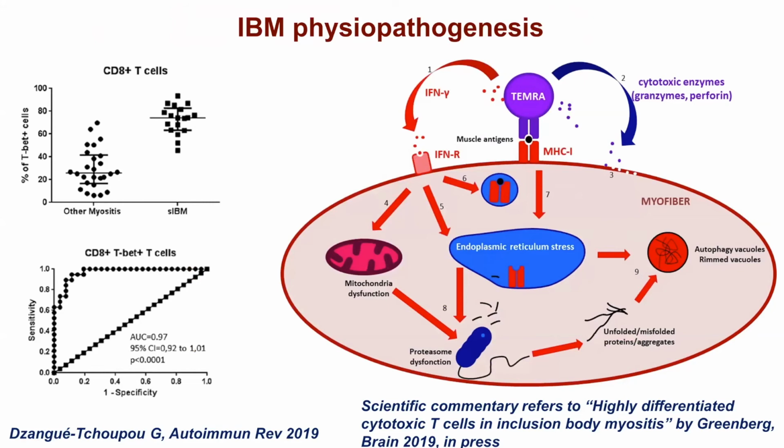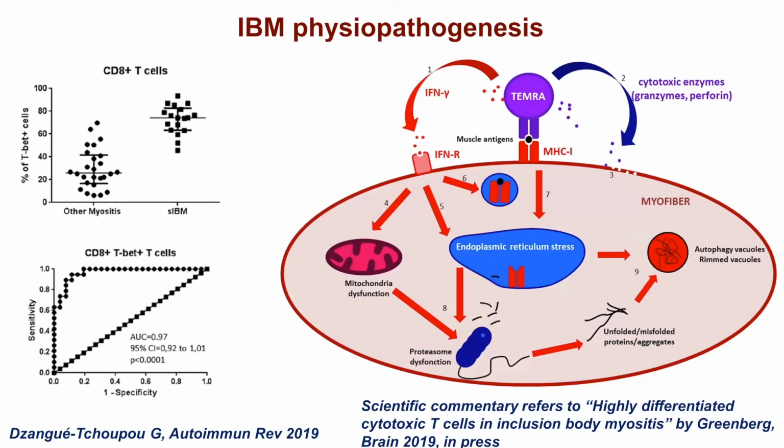And by unsupervised approach, we can observe clearly that some CD8 cells are really different than in other myositis. Here you can have some dermatomyositis, immune-mediated necrotizing myopathies, and antisynthetase. And these cells are, for instance, CD8 positive, T-bet positive, and these are cells which are called TEMRA cells, highly differentiated, terminally differentiated cells.